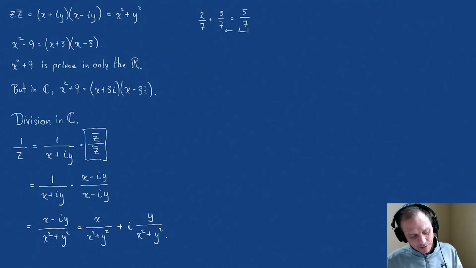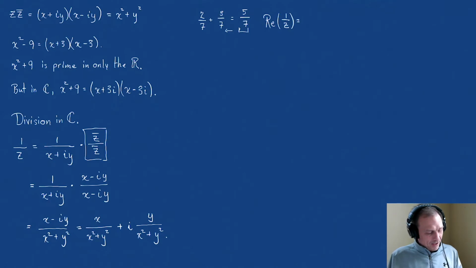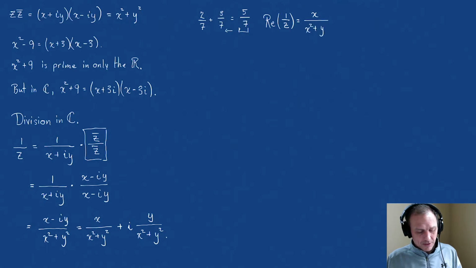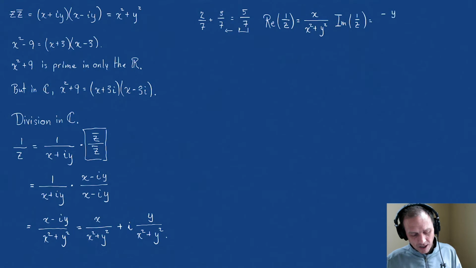So now, for example, we could say that the real part of 1 divided by z is x over x squared plus y squared. And we could also say that the imaginary part of 1 divided by z is minus y over x squared plus y squared.